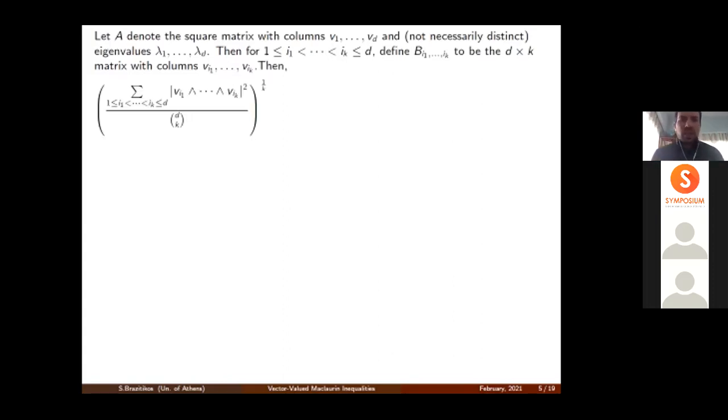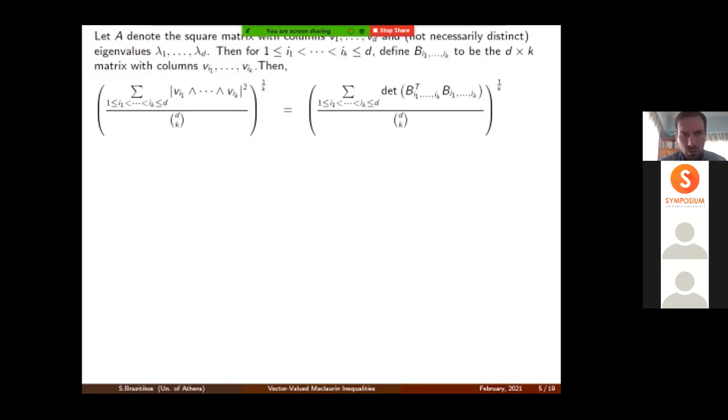This is the left-hand side of the quantity that we would like to bound. Note that its wedge product to the power 2 is exactly the determinant of the transpose of this matrix B times the matrix B. So this is an equality.